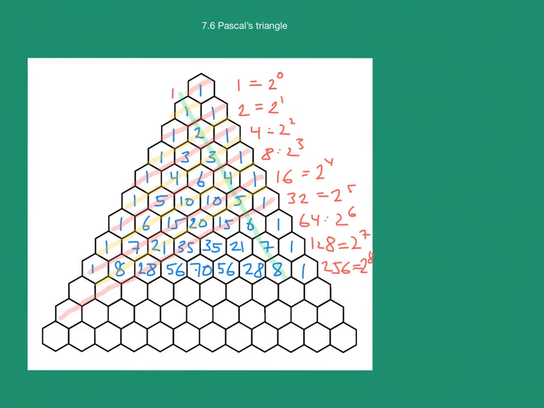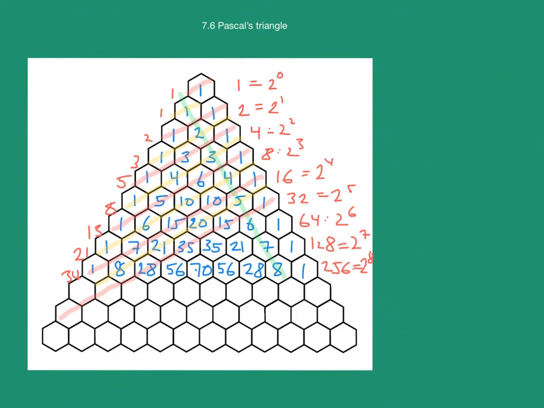So that's 1, 1, 2, 3, 5, 8, 13, 21, 34, and so on. So these are Fibonacci numbers.